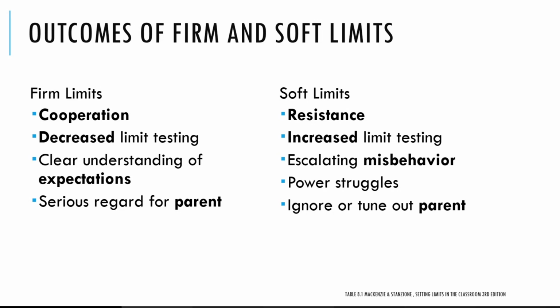So when you decrease limit testing, remember that as an adult, we still test limits. So it's an unfair expectation to entirely eliminate that. We want to make sure that our kids understand what our limits are.